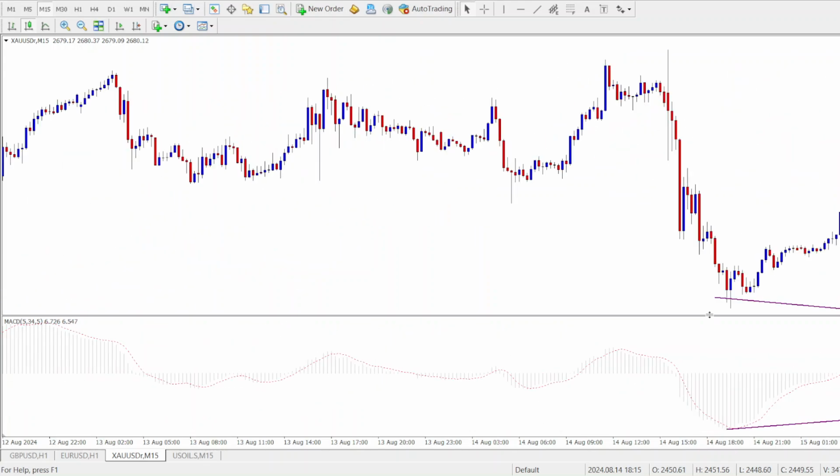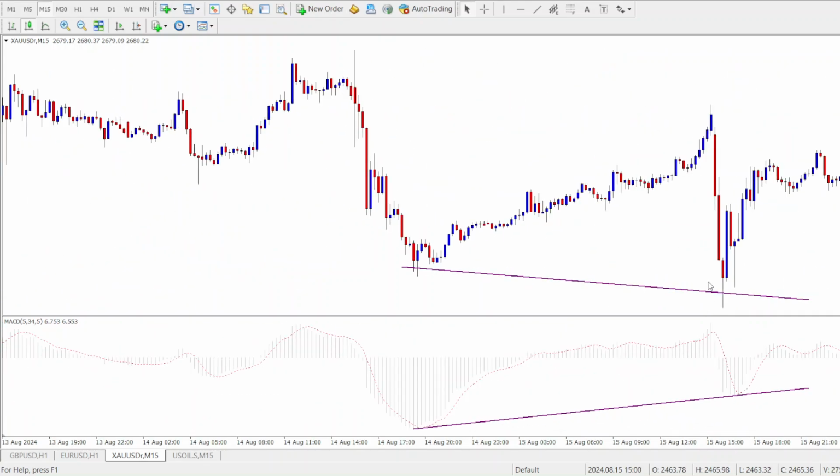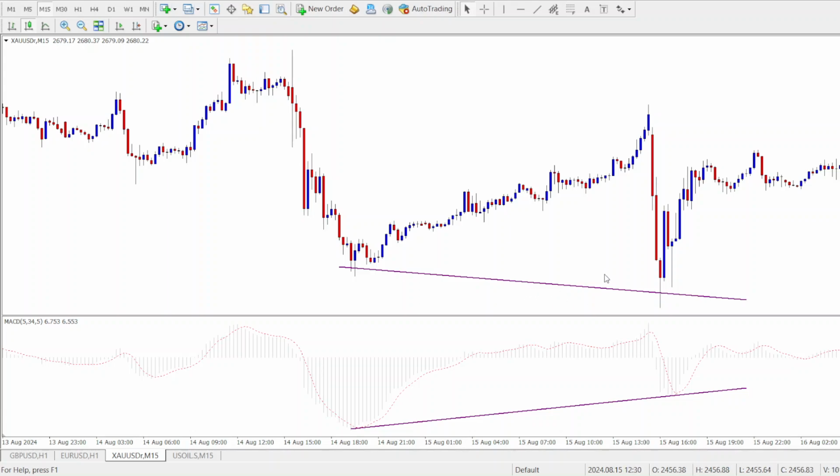But just to say it again, for the bullish regular divergence, it is lower lows on the price and higher lows on the MACD. For the bearish, it is higher highs, sorry.